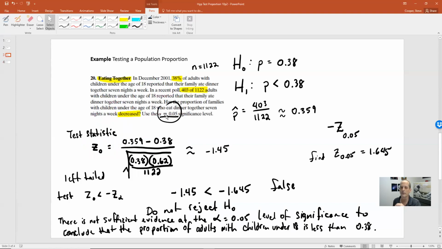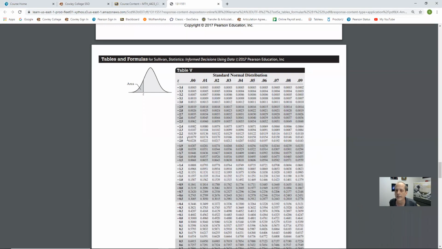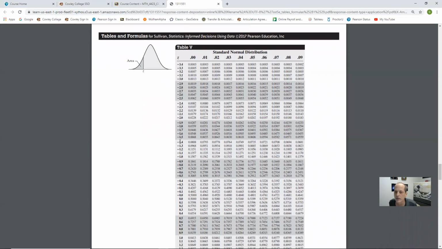Okay, so our z naught was negative 1.45. So I'm going to consult table 5 again. And negative 1.45 is 0.0735.